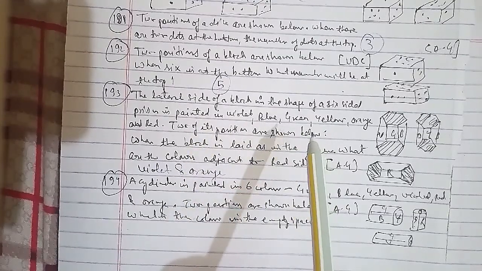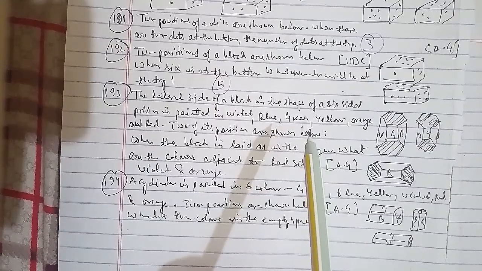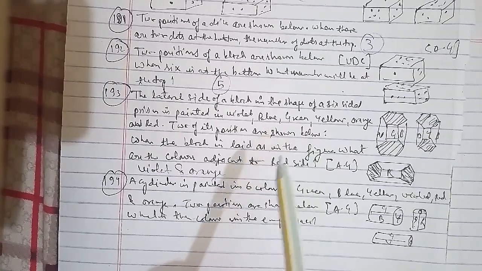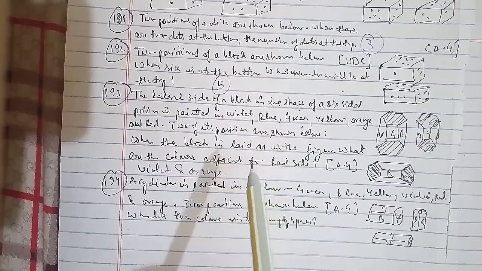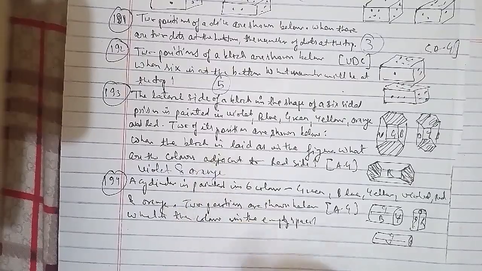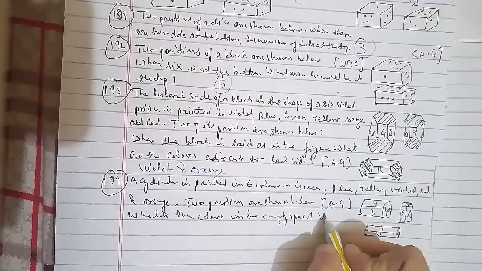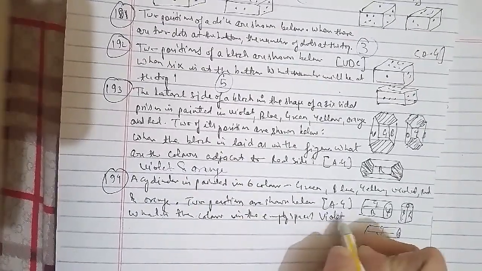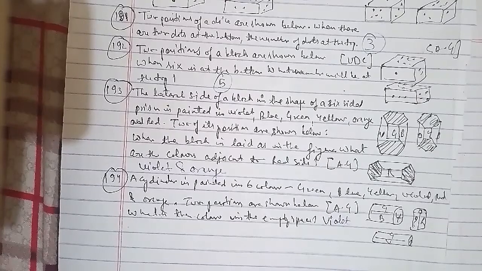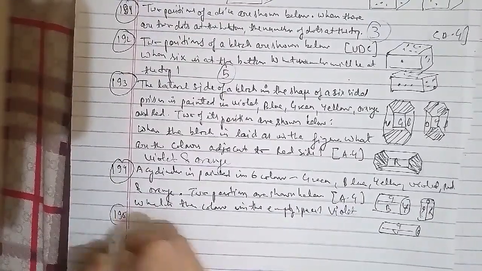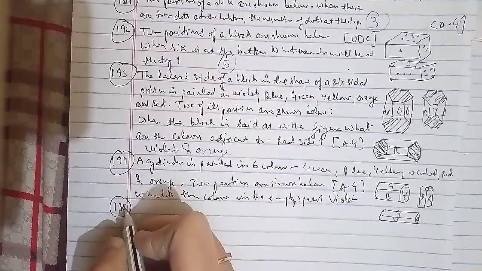Find the design on the blank face. This question has been asked in the assistant grade question paper, and it is an important one as well. So we'll have a figure for the same, which is the figure we have here.